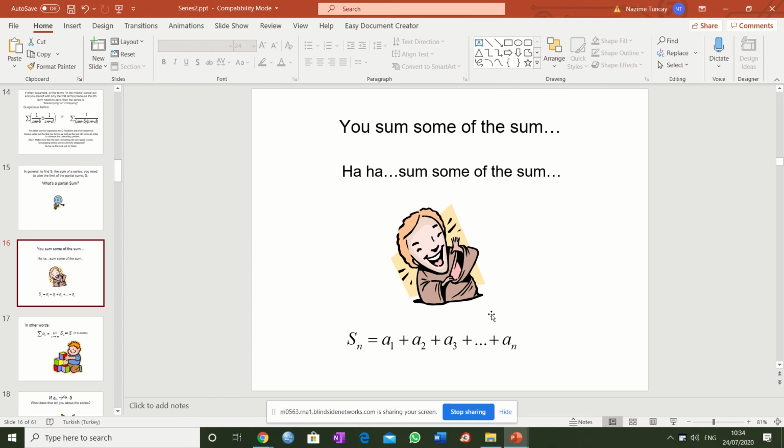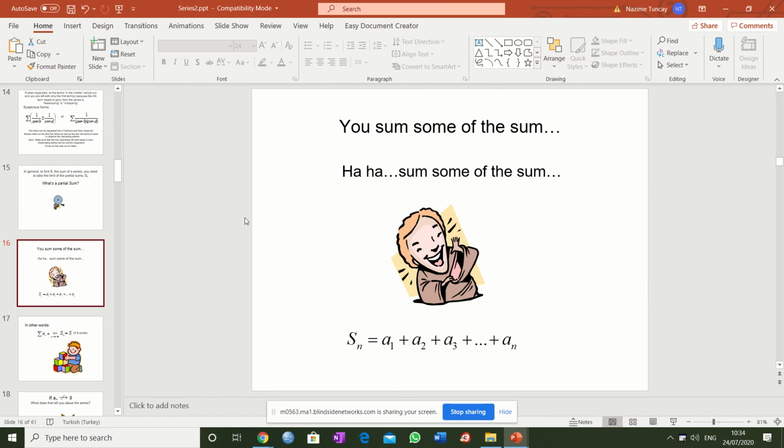So there are some definitions like partial sum. This is a partial sum. Think about an infinite series.